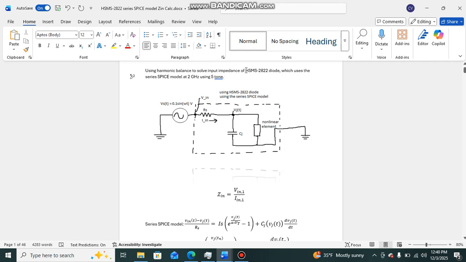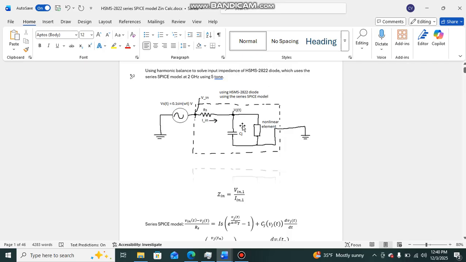So let's go with 1 diode first, and in the next video I will put together all 4 diodes and solve for the input impedance of that. Anyway, I forgot to tell you, I'm going to try to implement my software so that we could calculate these input impedances of nonlinear devices like diodes.